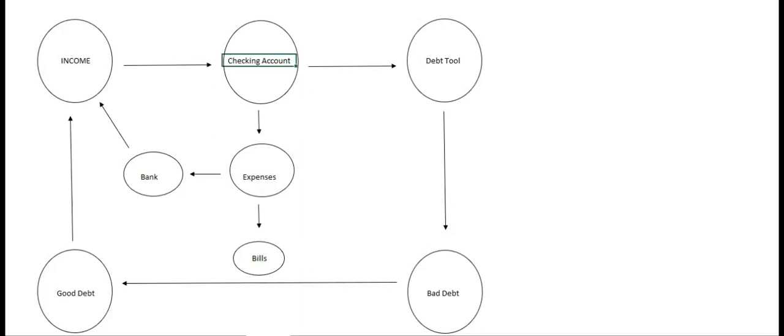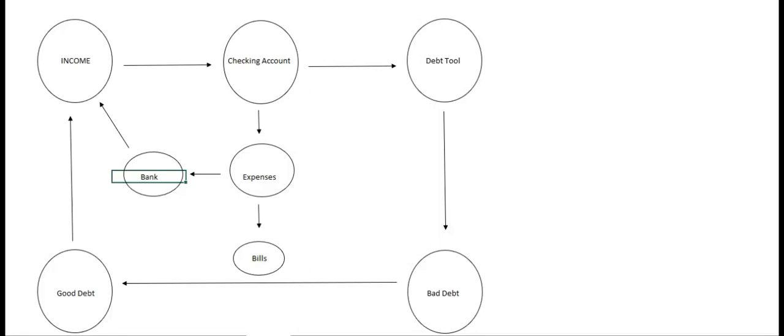So when the expenses come out, you'll have your bills, and there's probably always going to be a payment to your bank, whether you're making a payment to build your MEC limit, to reach your MEC limit, or whether you're making a payment to pay off a loan that you borrowed. I mean, the whole banking concept is money in flow.